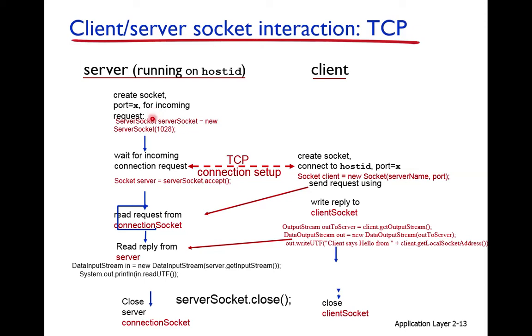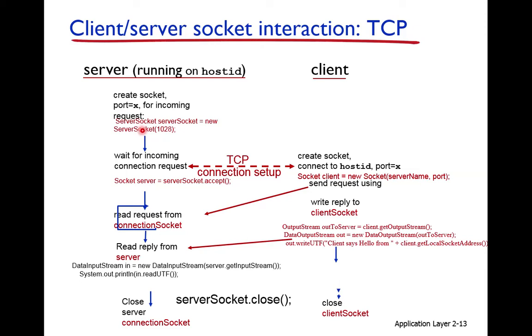For example, if this system has 3 IP addresses like 1.1.1, 2.2.2, and we don't specify an IP address, then it will receive the data on both IP addresses. If the data arrives on any IP address with the destination port number 1028, it will be delivered to this socket, and the data is of TCP.